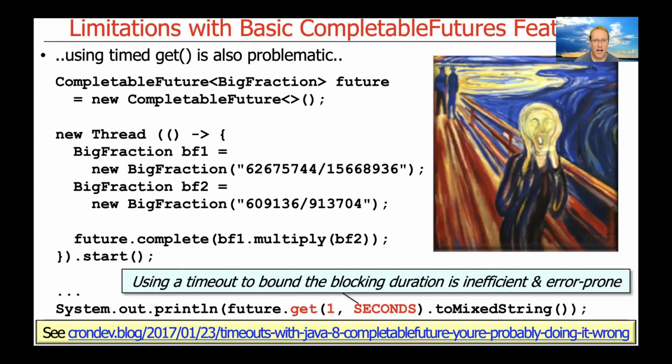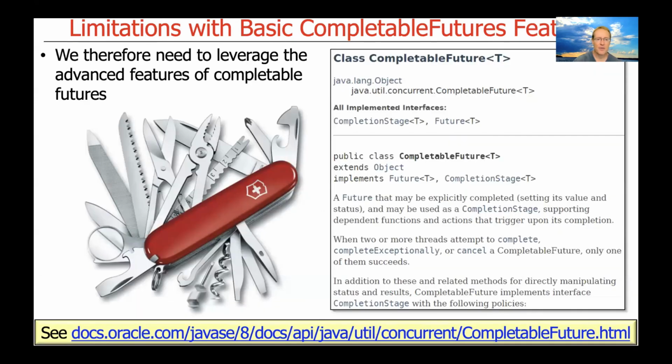So timeouts are just not a good idea. Anytime you find yourself using timeouts for things like this, it's probably an indication that there's something wrong with your code and you need to rethink what you're doing. If you want to find out more thoughts about why using timeouts with completable futures is a bad idea, take a look at the link at the bottom of the slide, which goes into this in more detail.